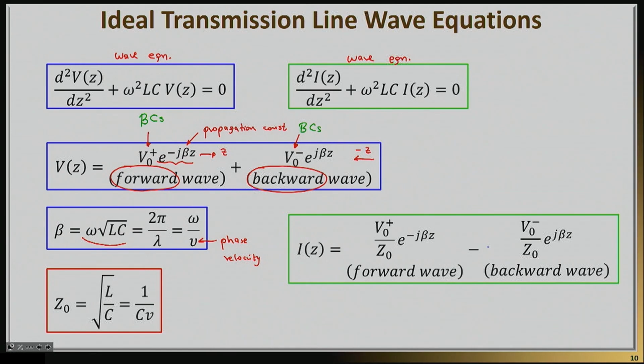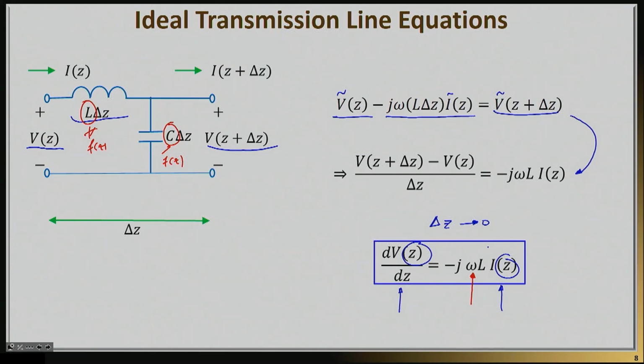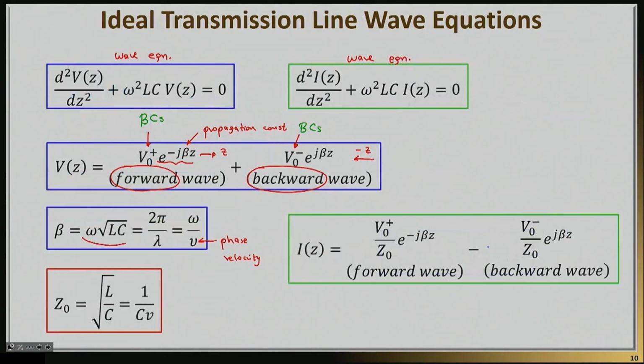Once I know my solution to the wave equation from a voltage perspective, I can go ahead and find the current I. As you can probably imagine, this current can be found very easily, for example, from the first equation. I can plug my voltage into this equation, and that will yield I. If you do that, you will get a current that is written here, which is almost the same thing.